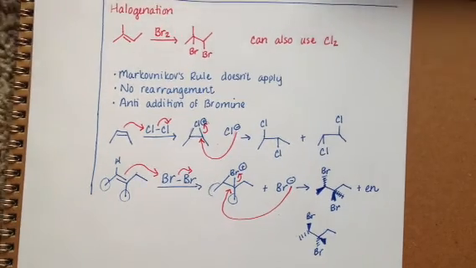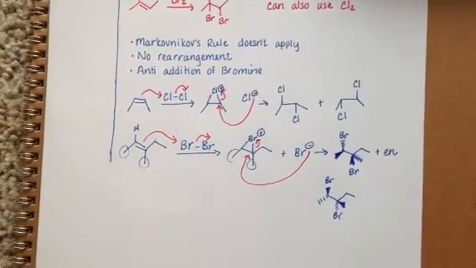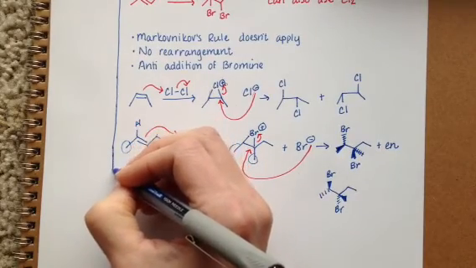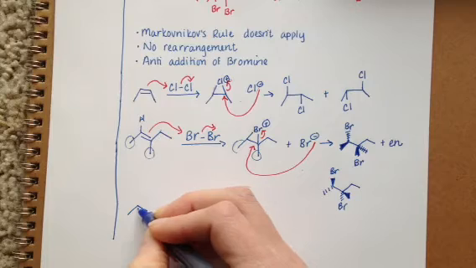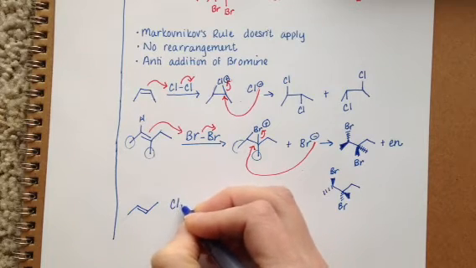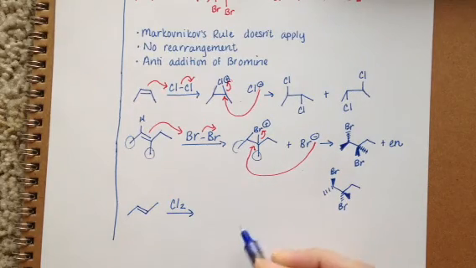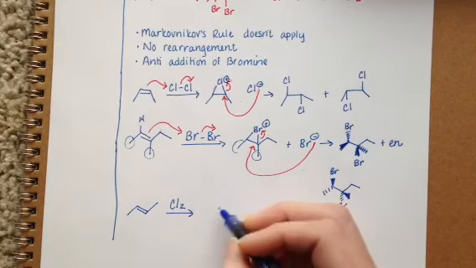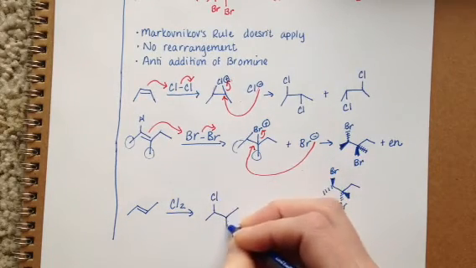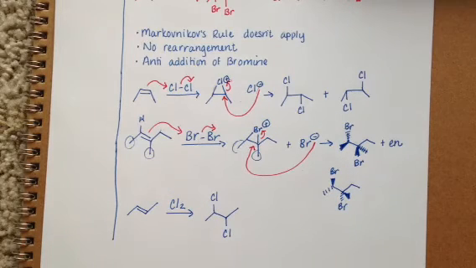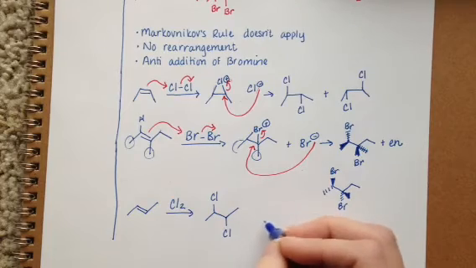Don't necessarily need to draw both of them out as long as you get one. Let's do one last example. I'll try to do this one without the mechanism. So in this reaction, let's just first rough it out, sketch it out like that. We're going to add two chlorines. They're going to go anti to each other. That's not communicating any stereochemistry at all.